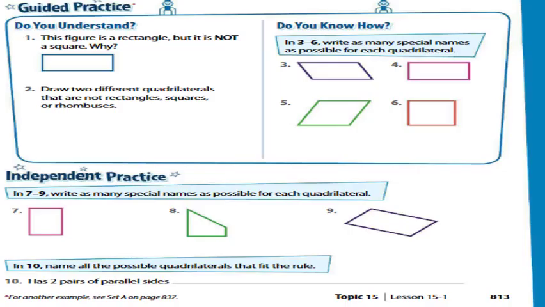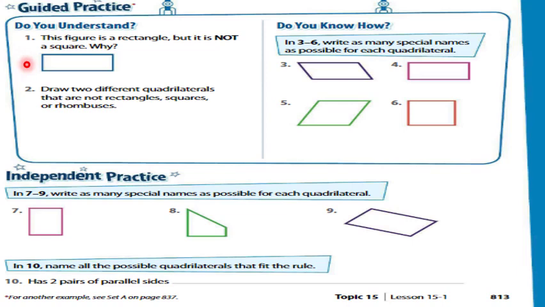Okay, so next page, page number 813, question 1. What do we have? This figure is a rectangle, but it is not a square. Why? A rectangle has two pairs of parallel sides, excellent, and a square has also two pairs of parallel sides.